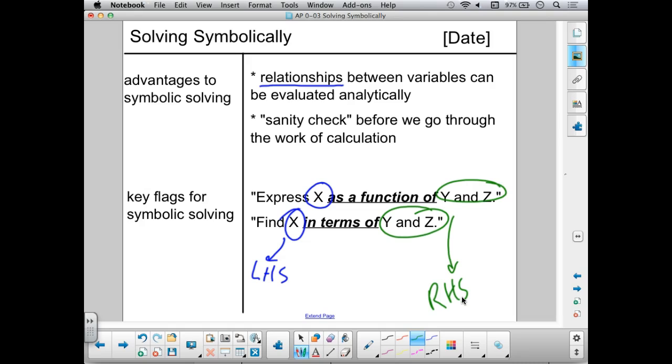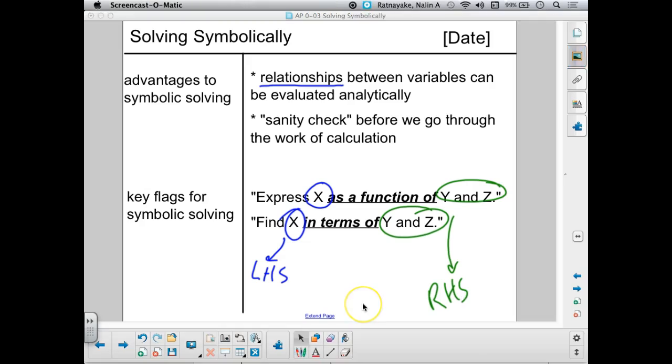And if we can structure our equation algebraically to have that structure, what we want to find on the left-hand side and everything else on the right-hand side, then it makes a lot of things much easier for us. Okay, so let's see our method in action.